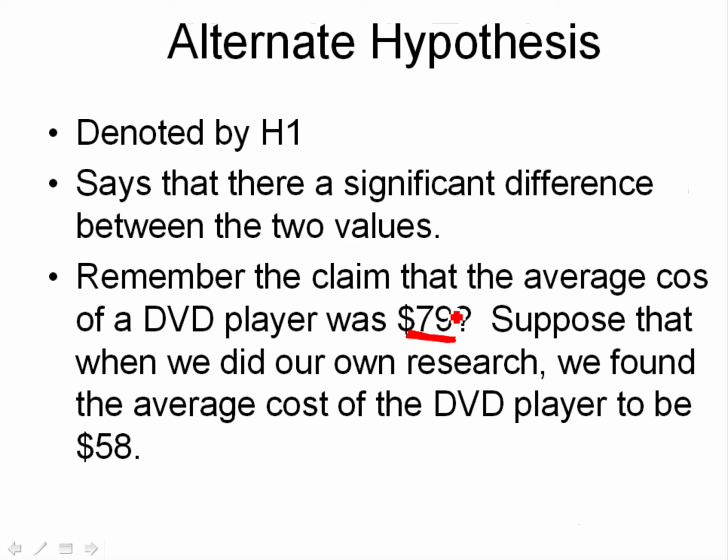Okay, so there's your population mean. And suppose that when we did our own research, we find the average cost of the DVD player to be 58. So when we compare the sample mean to the population mean, we would conclude that there is a significant difference between those two values. And that's what the alternate hypothesis says.